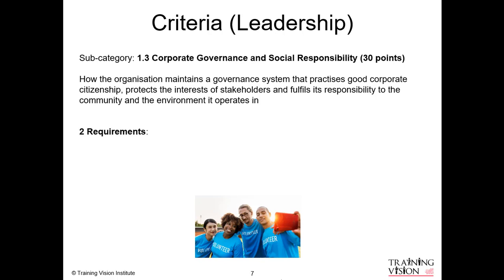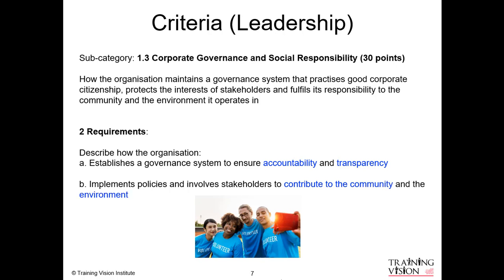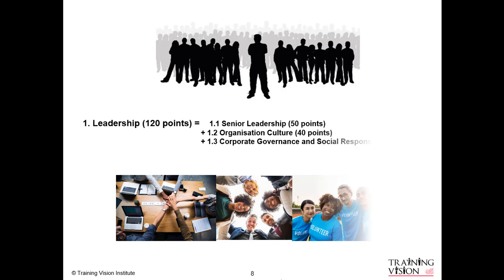There are 2 requirements which describe how the organization A. Establishes a governance system to ensure accountability and transparency, and B. Implements policies and involves stakeholders to contribute to the community and the environment. As you can see, the point value for each of the subcategories total up to 120 points for the leadership category.